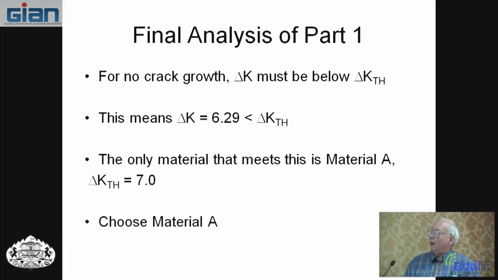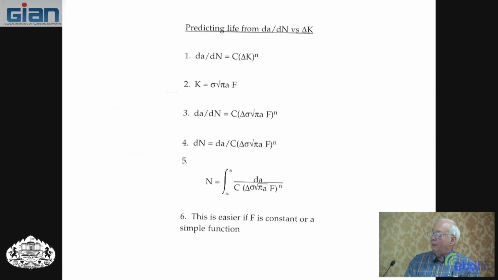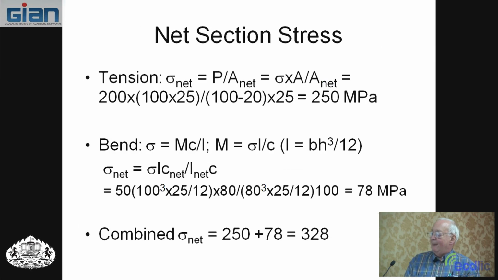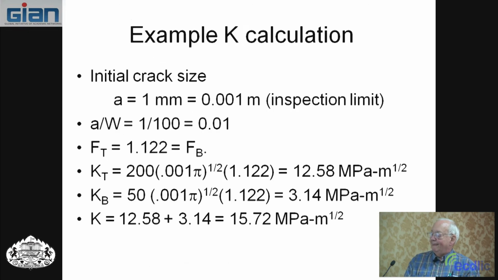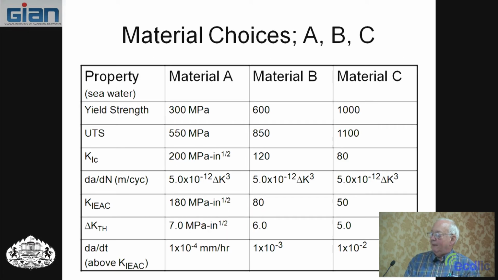So for no crack growth, you have to stay below the threshold. The delta K of a little more than 6 only works for material A. I don't know if we want to go back and look at the material properties. Way back here, the only saving thing then was delta K threshold. Here is 765.